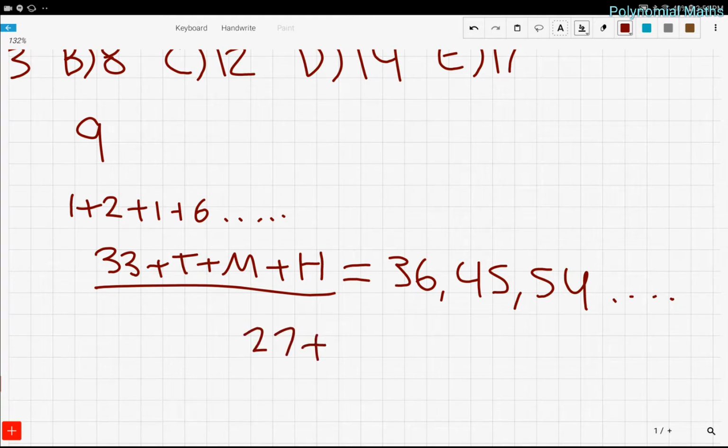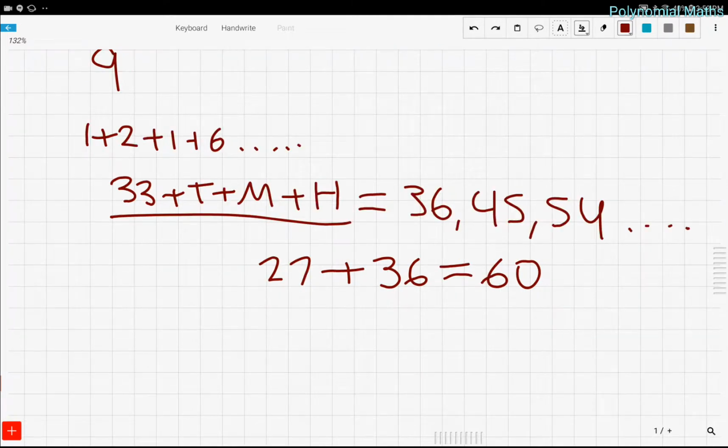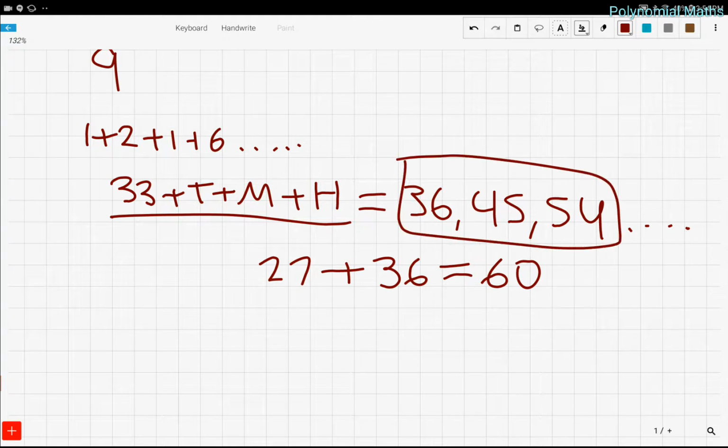So 27 plus 33 is equal to 60, so the max value of this is just 60. This means that 33 plus T plus M plus H can only be one of these 3. But still, it's 3 choices, so we don't know which one it is.